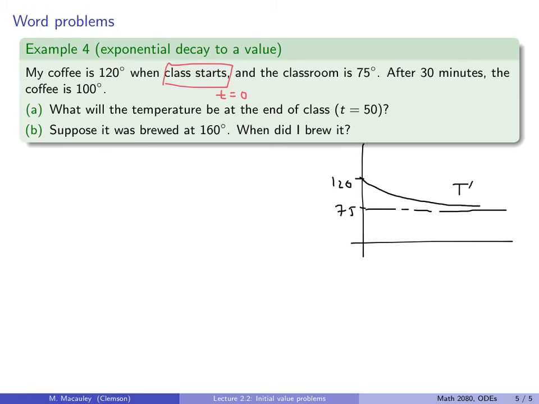This is big T, and the temperature was brewed at 160. So that means that 160 is up here, and I'm asking what time, when did that happen? In other words, what time is this? TB for time it was brewed. Now, notice this is going to have to be a negative number because it's before class starts.